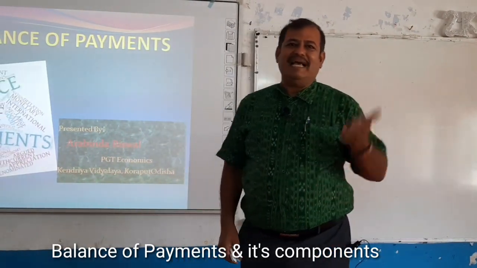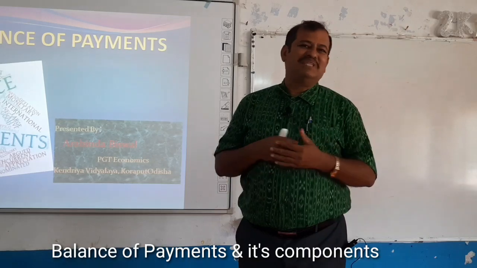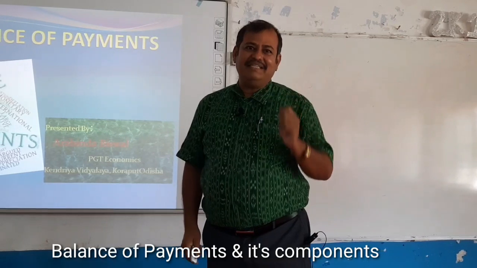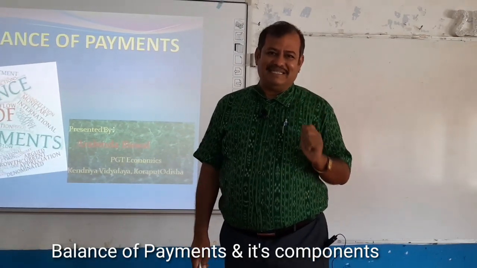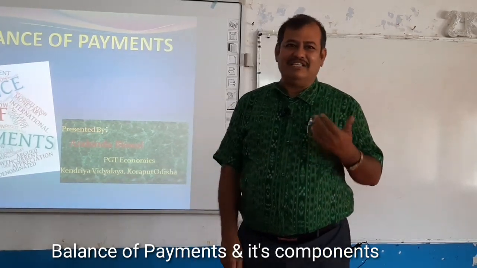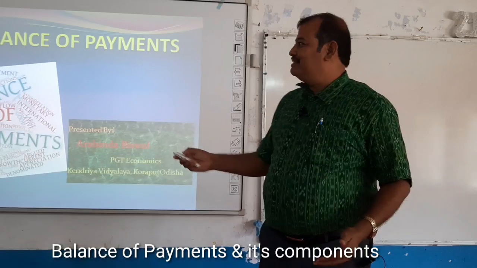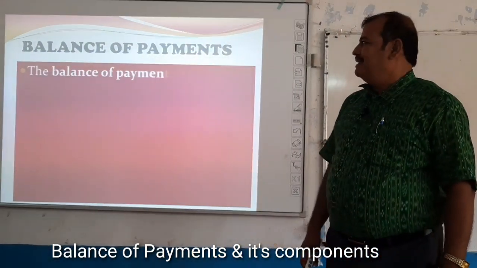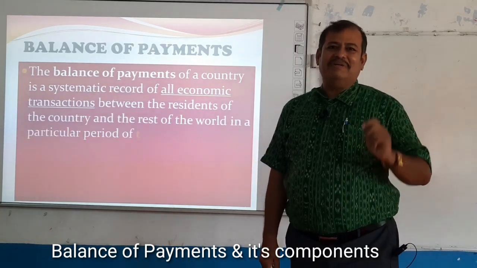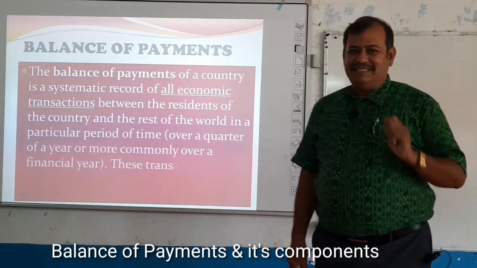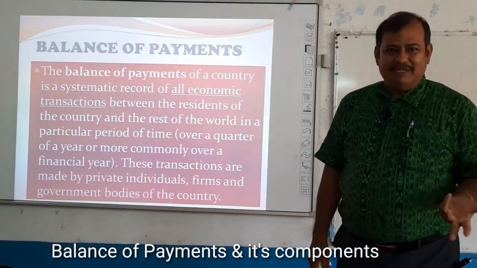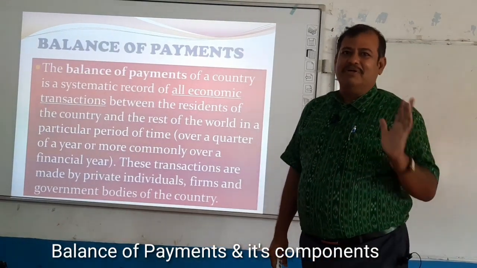When they export and import all these goods and services, they maintain a record, and this record of all economic transactions between a country and the rest of the world is called the balance of payments. The balance of payments of a country is a systematic record of all economic transactions between the residents of a country and the rest of the world over a period of time, that may be quarterly or for one year.